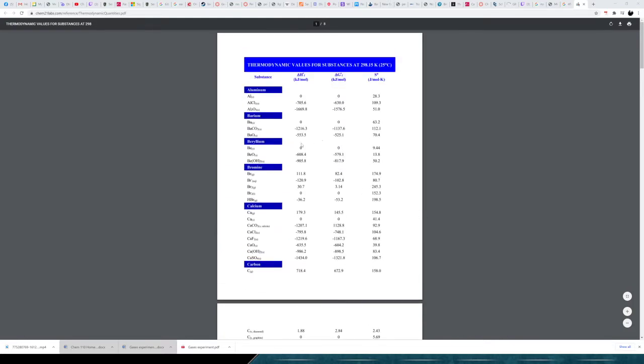So we're looking for, bromine we already have is going to be standard. HBr is one we're going to need. So for HBr, delta HF is negative 36.2.